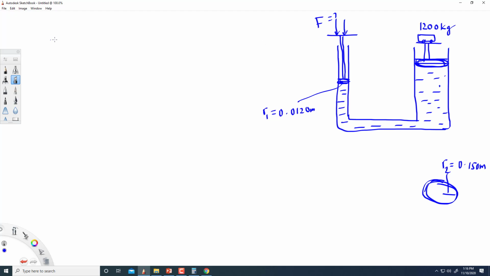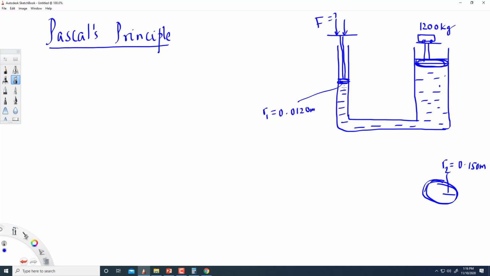Now this is based on Pascal's principle. Pascal's principle tells us when we apply some pressure on one side, the pressure would be transmitted to all the parts of the liquid undiminished. It will appear as the same amount of pressure on each and every part of the liquid.